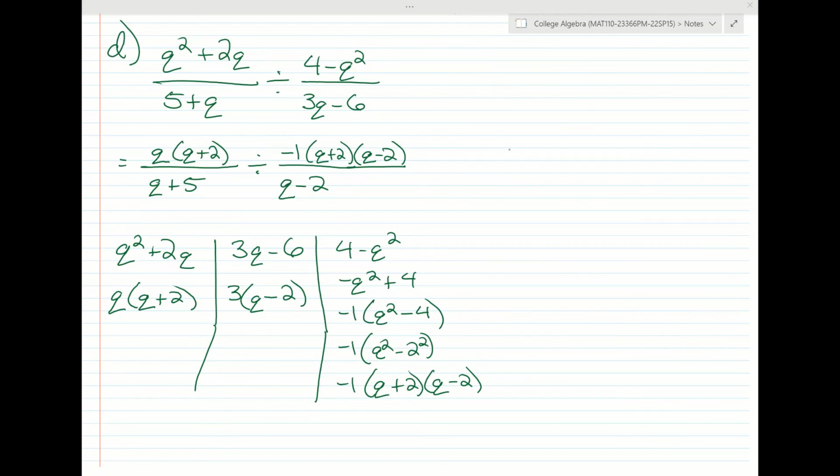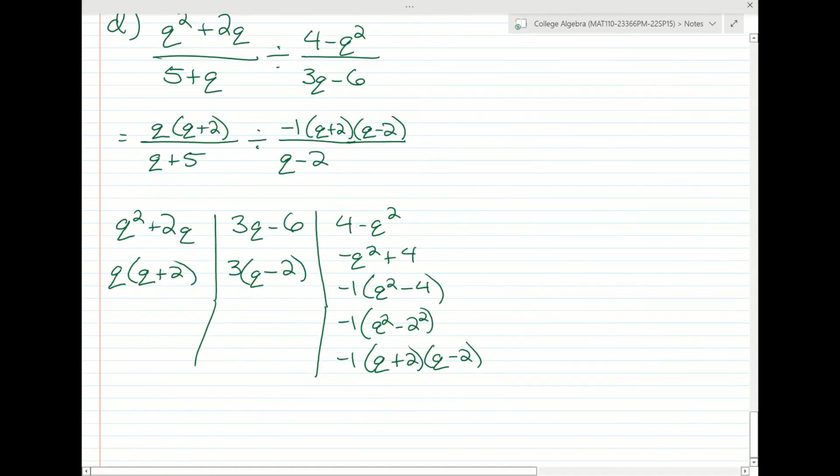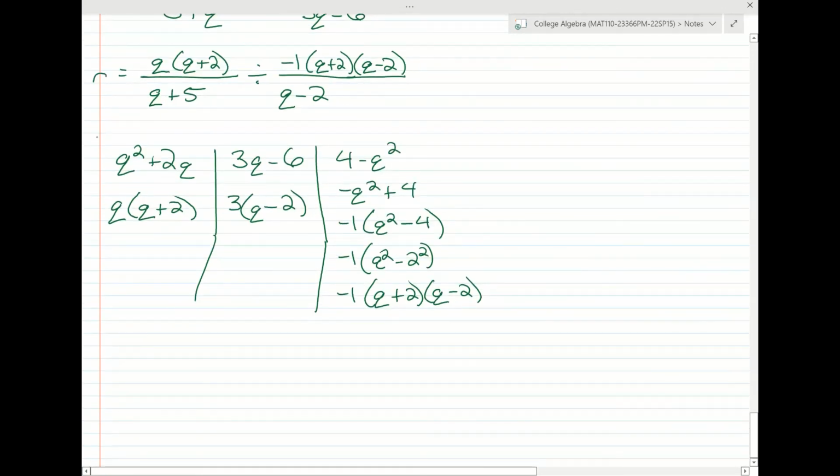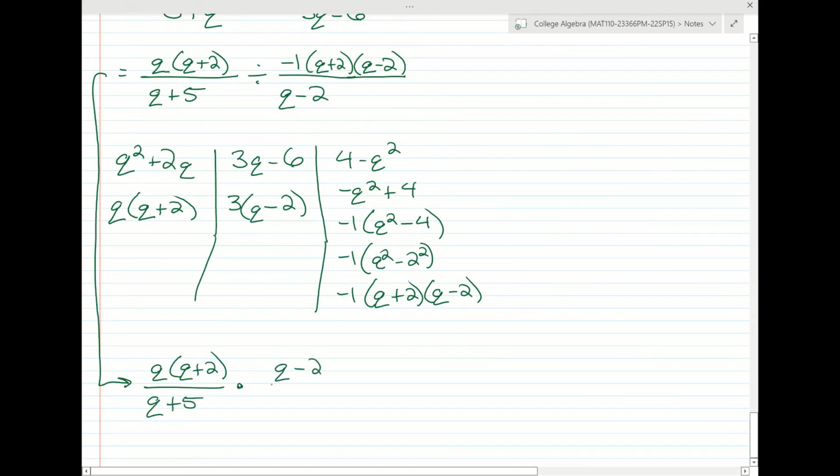Once we factor completely, now what we want to do is multiply by the reciprocal and then cancel out our common factors. So what this turns into, now that it's factored completely, is I'm going to write 2 times q plus 2 over 2 plus 5 times the reciprocal, which would be q minus 2 on top.